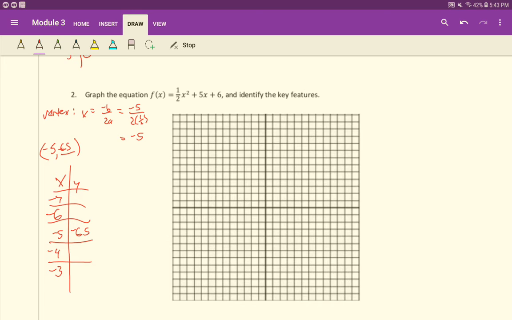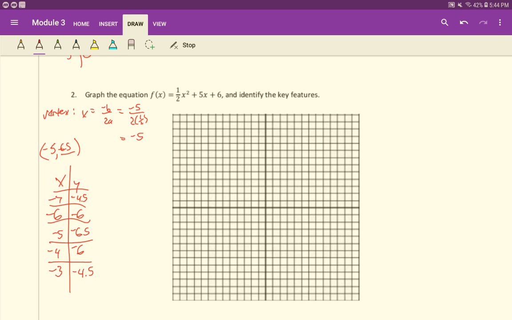I'm just going to use a calculator here to speed up the calculations for us, because otherwise, I don't want to waste time with stuff that we don't necessarily need to spend time on. Okay, just plug those numbers in. Okay, so negative 4.5 is what I get here, negative 6, and negative 4.5.